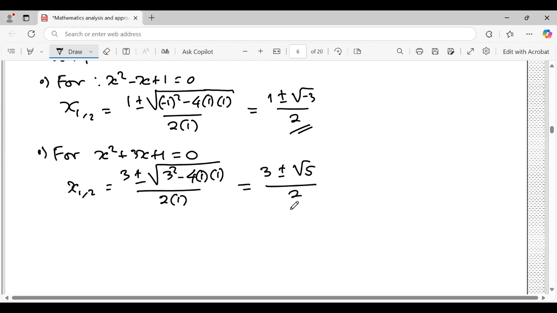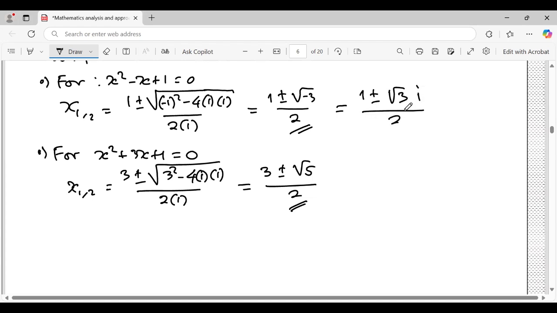So these are the roots, this one and this one: 1 plus or minus the square root of minus 3 divided by 2, which is 1 plus or minus the square root of 3 times i, and minus 3 plus or minus the square root of 5 divided by 2.